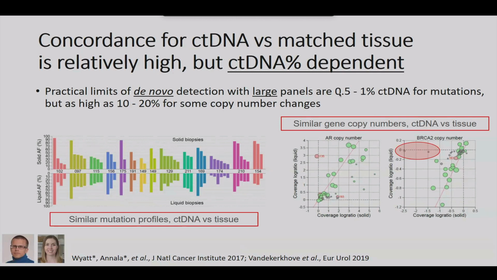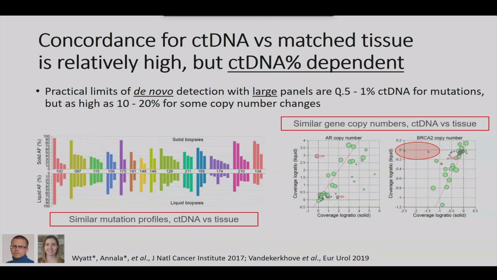Remember that tissue is the gold standard. And so any observations you make in the blood probably need to first be observed in the tissue, to be taken reliably. So in the ctDNA, we see the mutation profiles between matched ctDNA and tissue, very concordant.